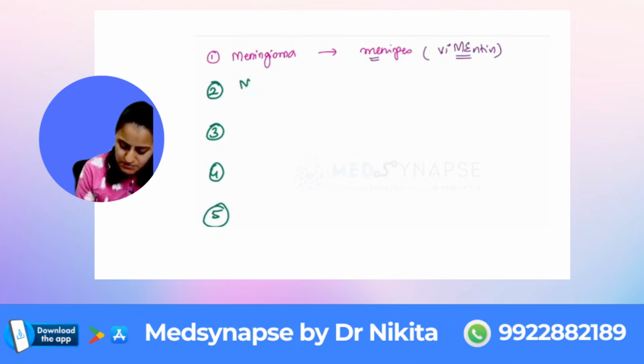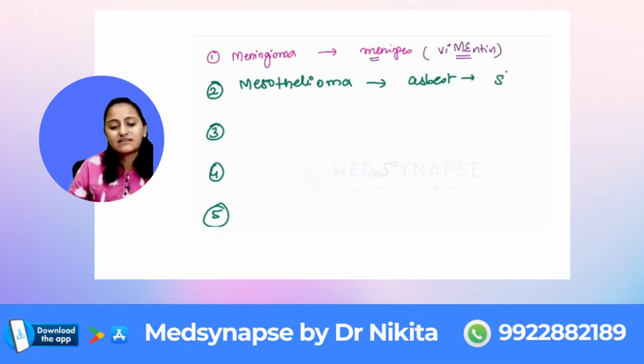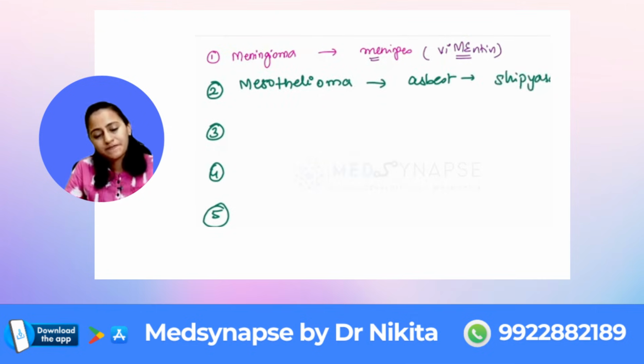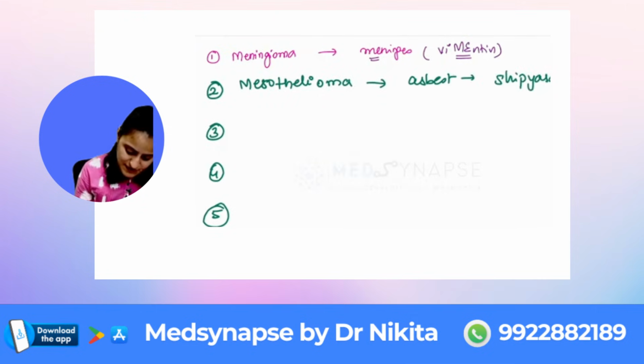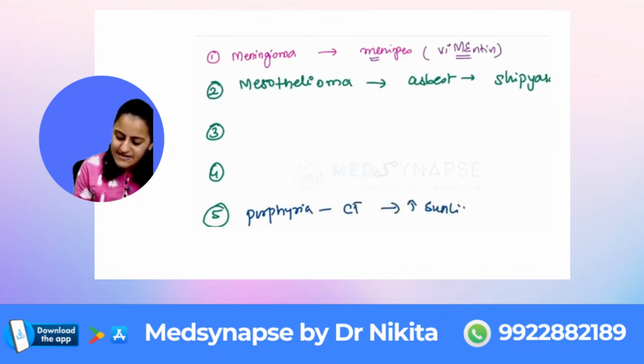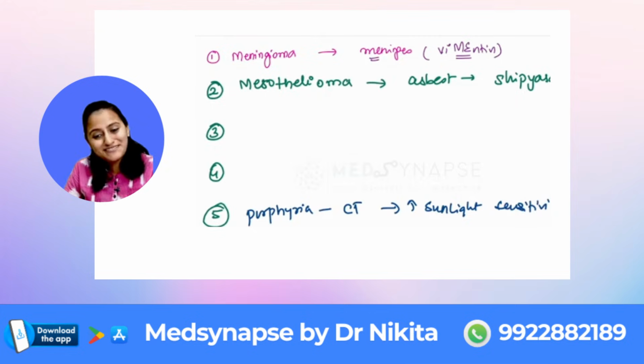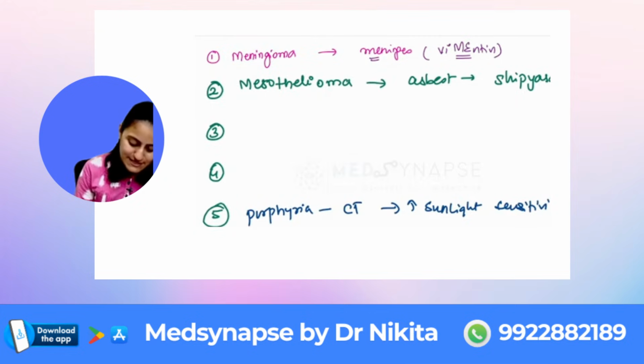Shipyard working is the important risk factor there in asbestosis. What was the next one? The last one we saw, which we remember because we have seen it just now, is porphyria cutanea tarda, increased sunlight sensitivity, excited by light, that is what we saw. And what were the middle 2 questions? Yes, Lambert-Eaton syndrome and myasthenia gravis.